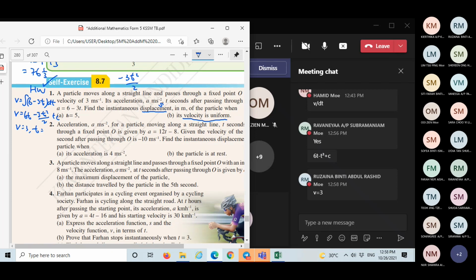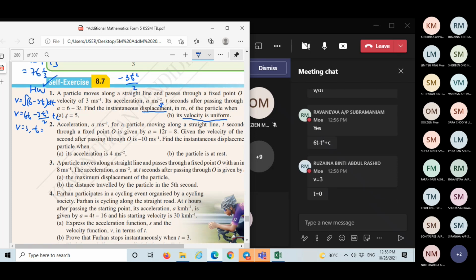V is 3 is not good enough. Okay, t is 0. Then I can find the C. When I substitute t is 0, this one is 0, this one is 0, then the V is 3. So in this case, C is 3.